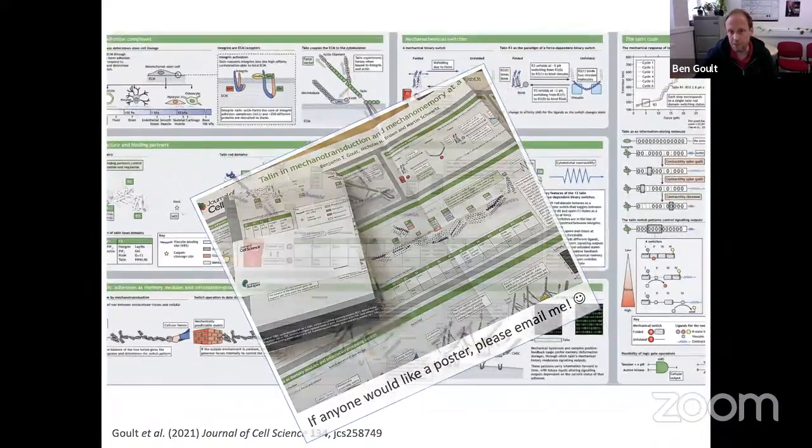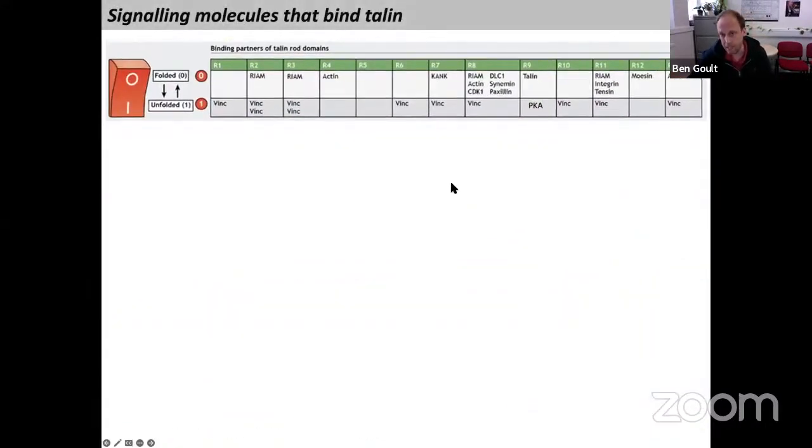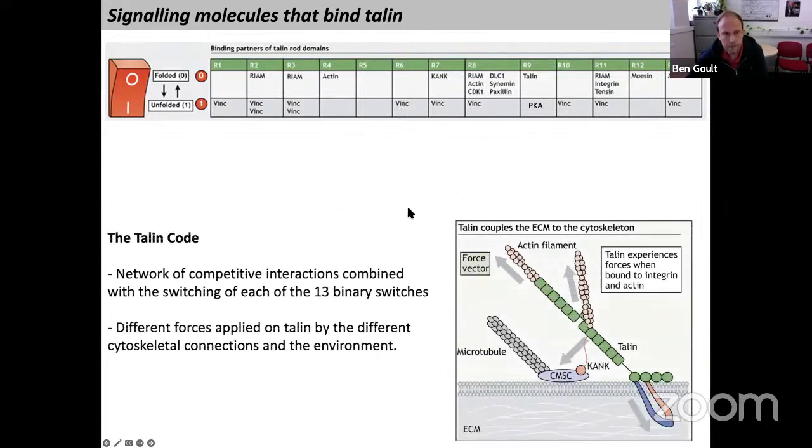But on this poster, we started to summarize all of the different ligands which we've got, which are interacting with this. And this is an abridged list because these are the ones which are published. But what you can start to see is each of these domains is switching on and off different functions as a function of its shape. And because you've got this massive network of competitive interactions combined with the switching of 13 binary switches, this is really complicated.